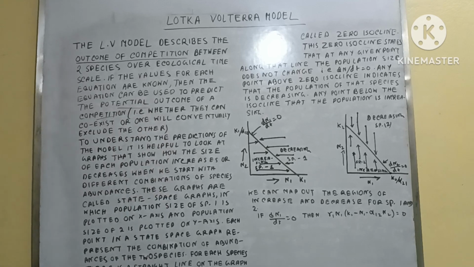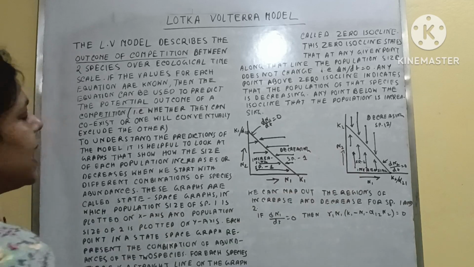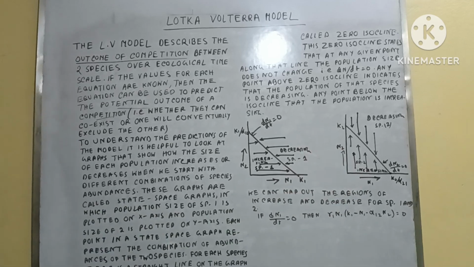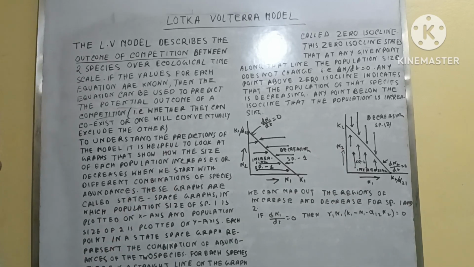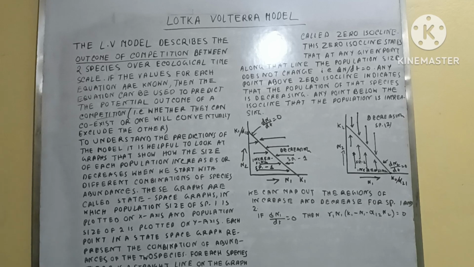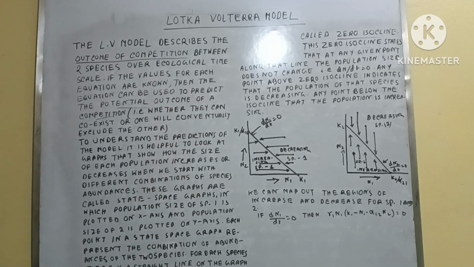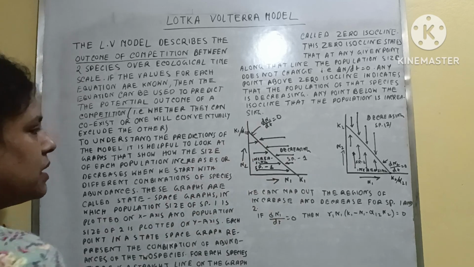Clear? To understand these predictions, there are two graphs that are very roughly drawn here, and we have to understand how this model predicts the outcome of the species by this graph.